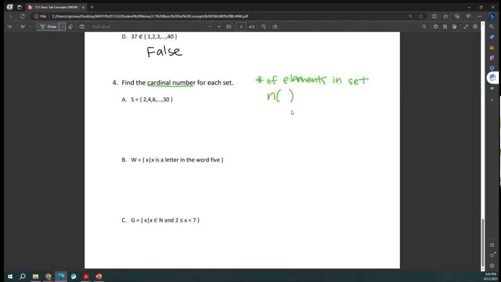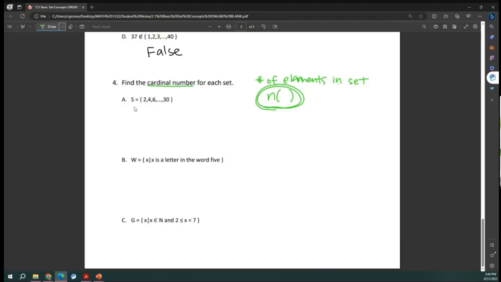So you're going to have some questions where they have this, and that means that they're looking for the cardinal number. So I'm going to write out these answers using this notation right here.